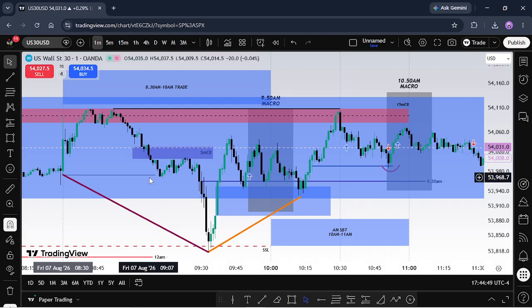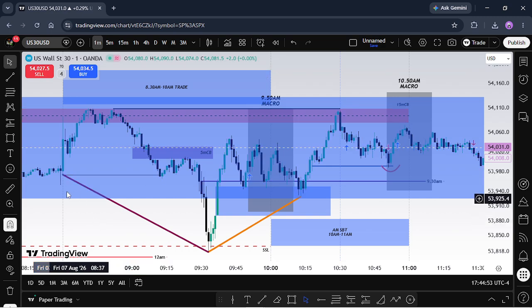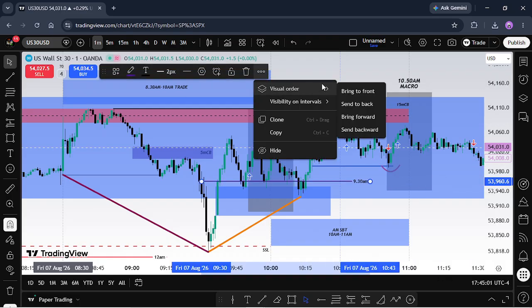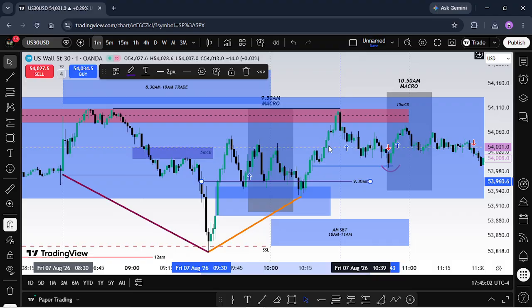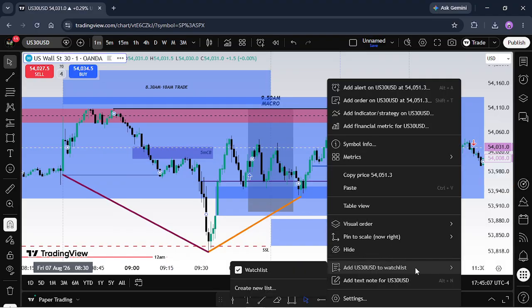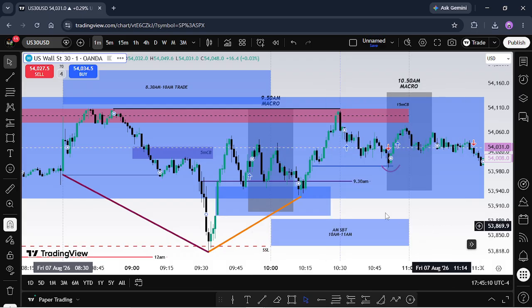Okay, let me just mark the level, right? And I see something. This 8:30, this 9:30. And let's move that there. Let's move it to the front. And of course I always want the body, the candles, to always be at the forefront. Always.